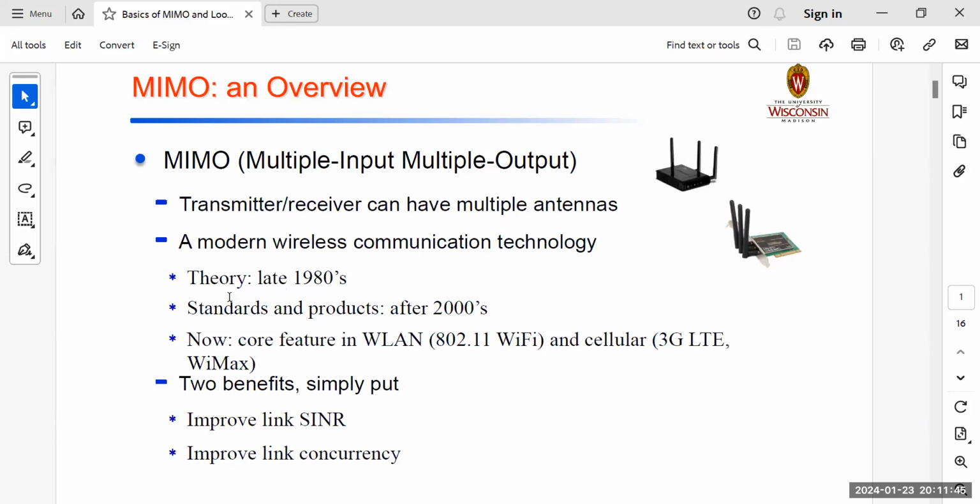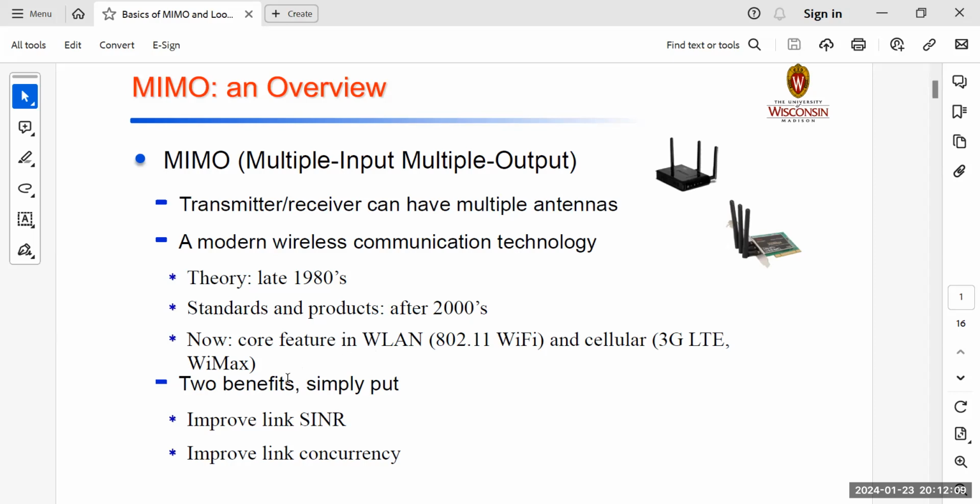The theory of that started in the late 1980s, and the standards and products were made after the 2000s. So now MIMO is a core feature in wireless LAN and cellular networks, especially for 5G, where we have massive MIMO, with thousands of antennas. But first, we obviously need to know the basics of MIMO.